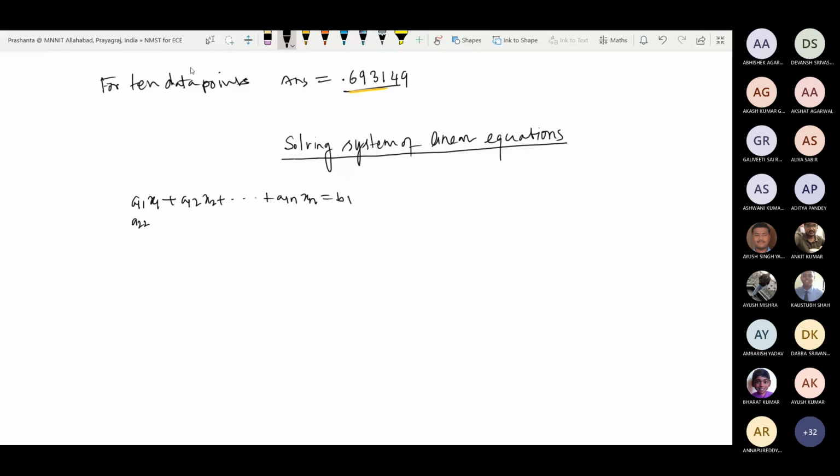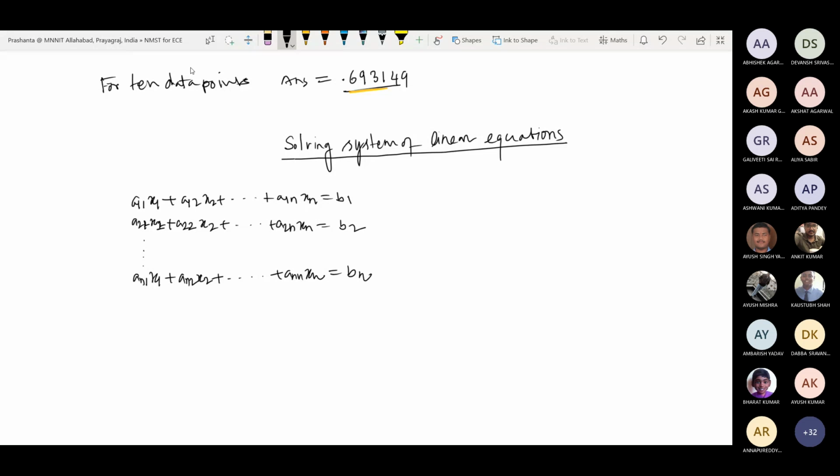Then another equation, A21 x1 plus A22 x2 and so on up to A2n xn equals B2, and this will continue up to the nth equation: An1 x1 plus An2 x2 up to Ann xn equals Bn.